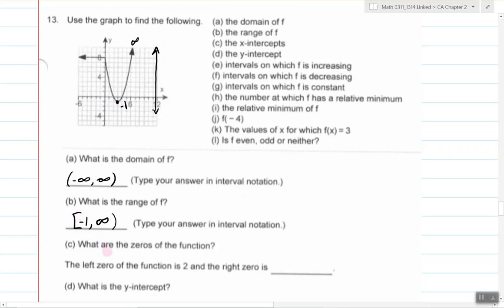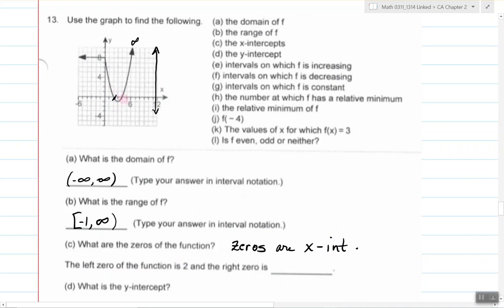All right, what are the zeros of the function? Now, we'll talk about these more later, but zeros are the same as the x-intercepts. Okay, the left zero of the function is 2. The x-intercept at 2.